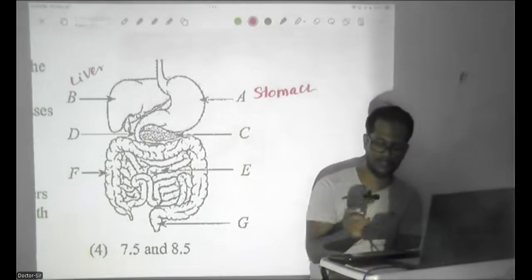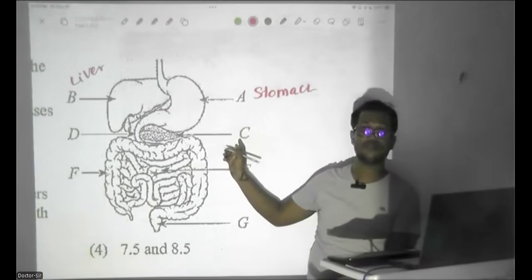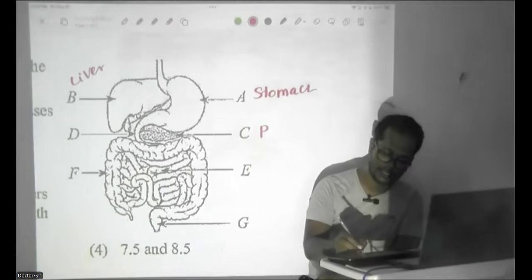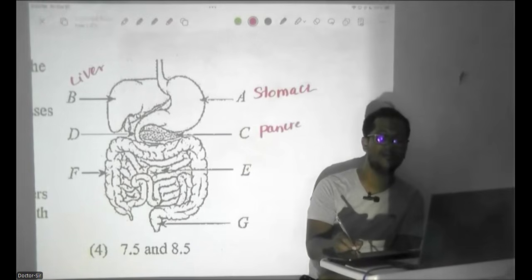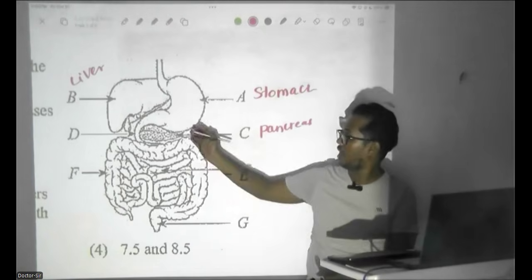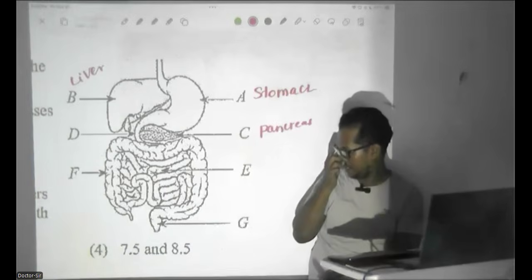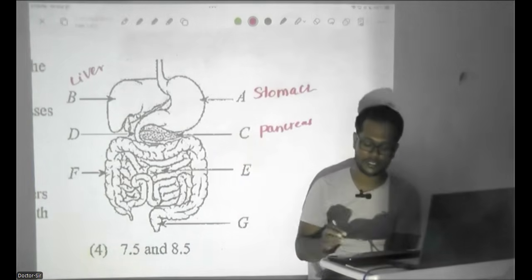B is liver. So what about the C? The C is pancreas. Yes, superb. Then what about these other parts, the E, F, and G? The E is the small intestine.